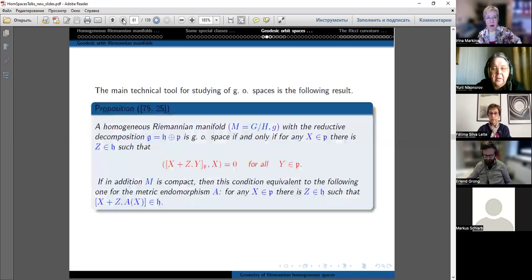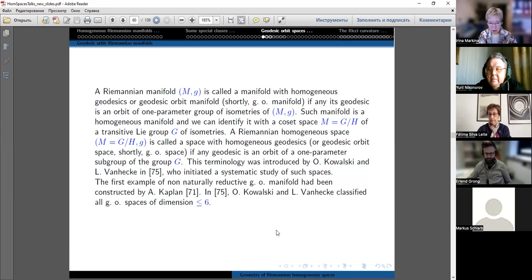Can I ask once again, what is the difference between the homogeneous space and homogeneous manifold? If we speak about a manifold, we suppose that we consider the full isometry group, all isometries, as the group G. But if we restrict our attention to some subgroup, we can consider another construction.